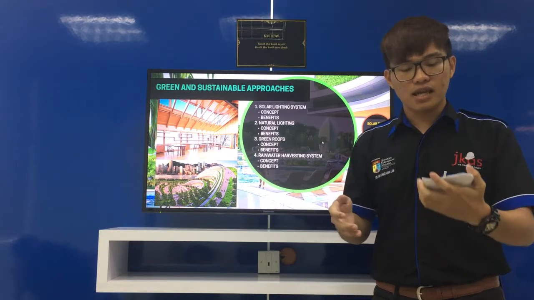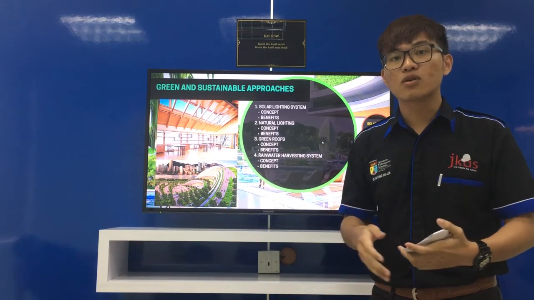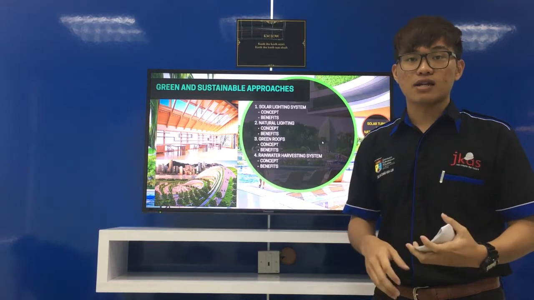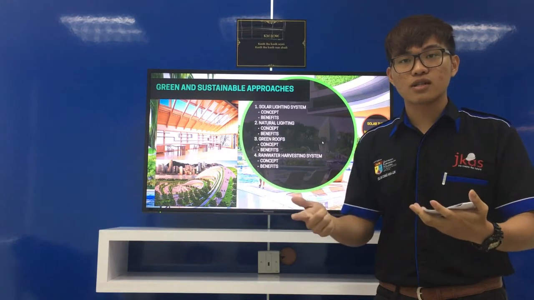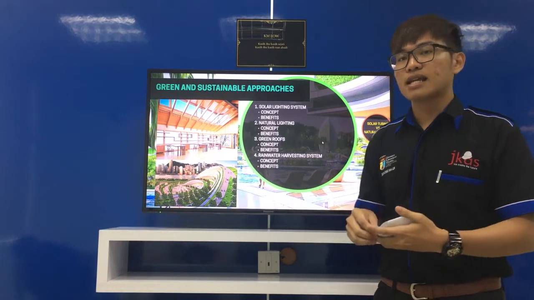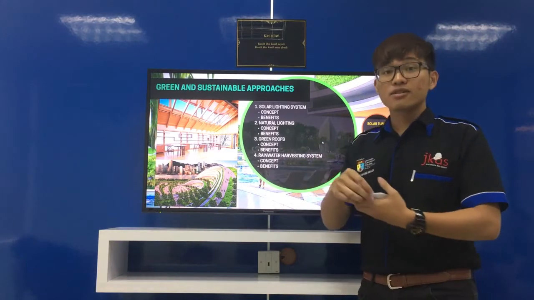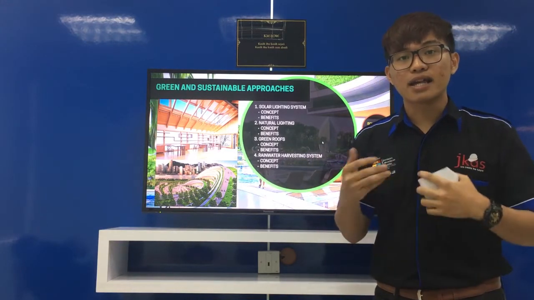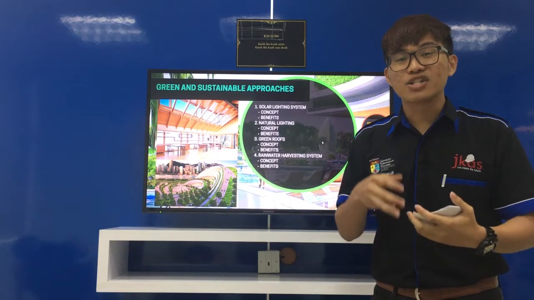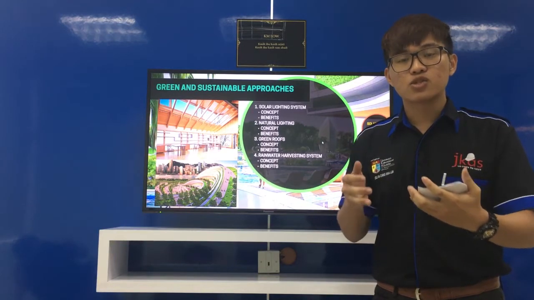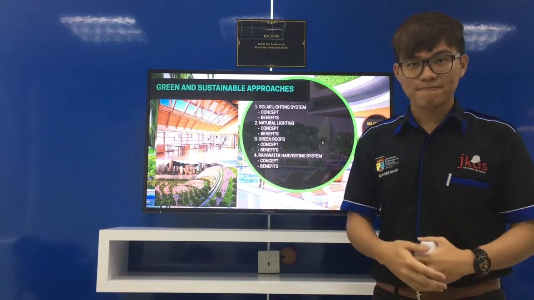The collected water can be used for several non-drinking purposes, which are washing cars, flushing toilets, and watering the garden. Being green is more than just buying alcohol, and it is an unshakable commitment to a sustainable lifestyle.